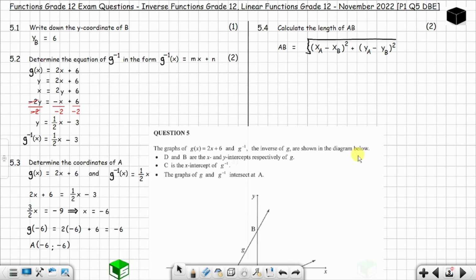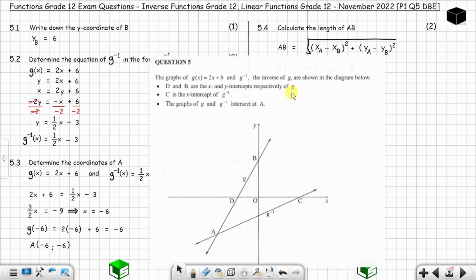Okay, you have the coordinate of A. These are the coordinate of A. You also need the coordinate of B, right? What are the coordinate of B? You can see there's B. It is the y-intercept of the graph of g. Okay, you have the y coordinate. It's 6.